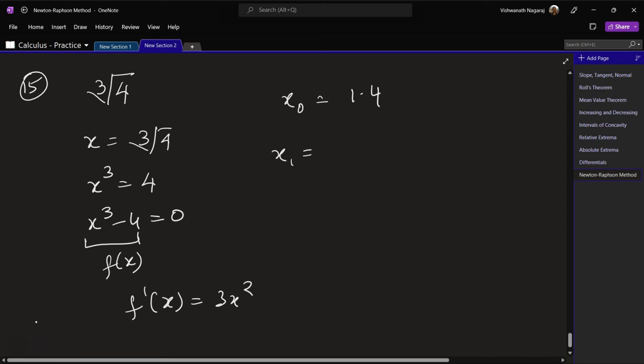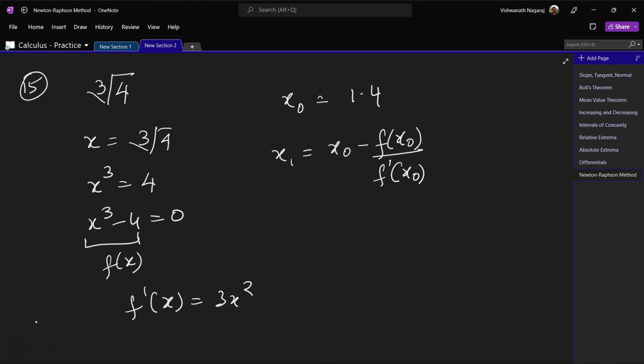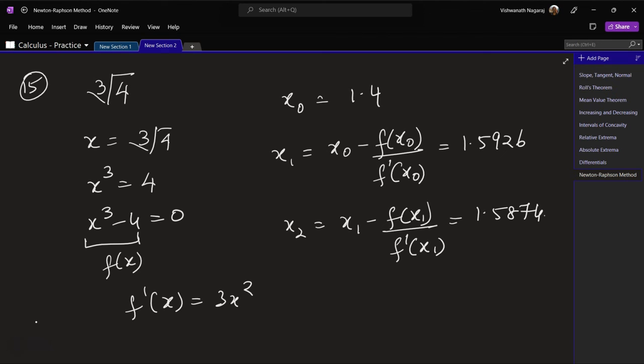Okay, x1 is equal to x naught minus f of x naught by f prime of x naught. This gives us 1.5926. x2 is equal to x1 minus f of x1 by f prime of x1, which gives us 1.5874. You want a more precise answer? Do some more iterations.